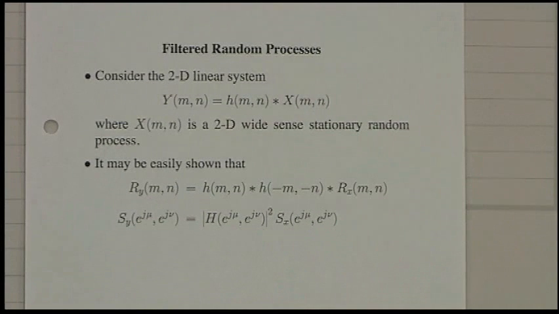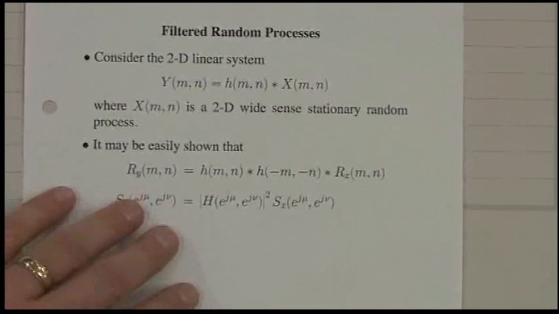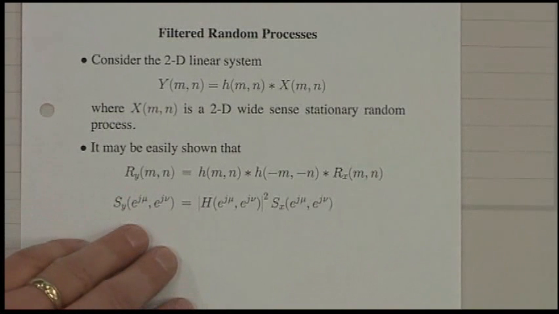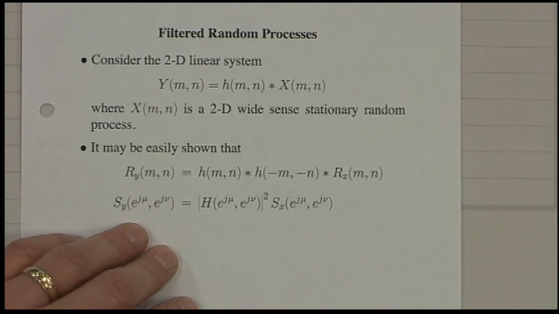So a stationary random process we talked about before is one in which the statistics are not a function of time, okay? A second-order stationary random process is a second-order random process whose mean and variance are not a function of time.